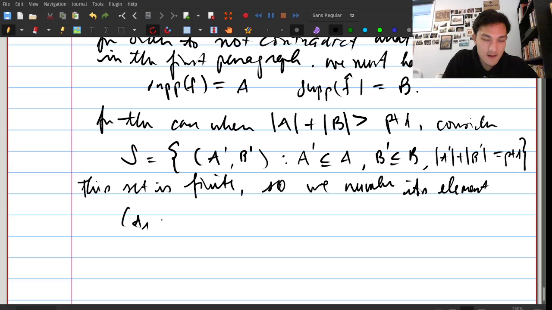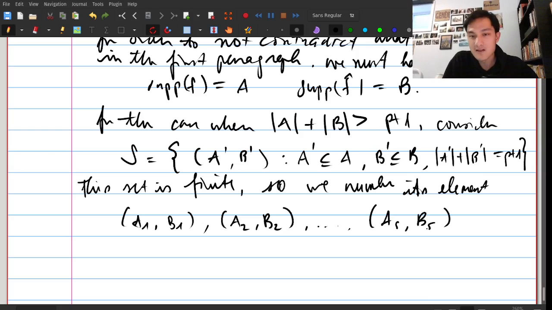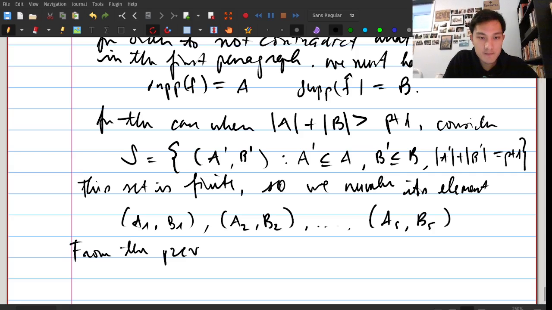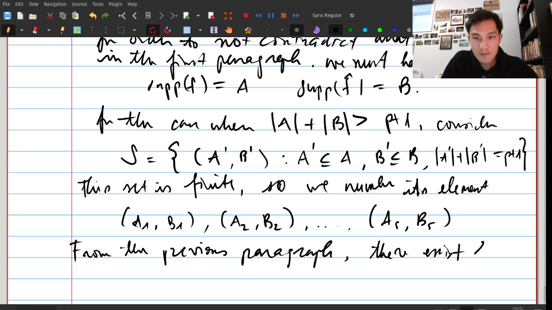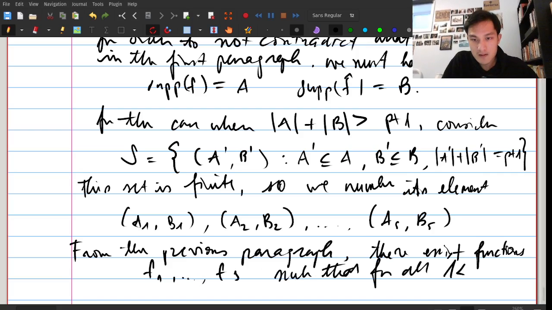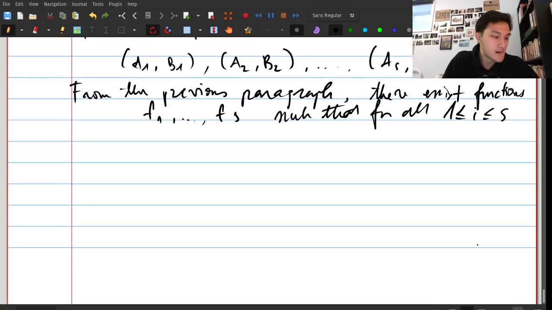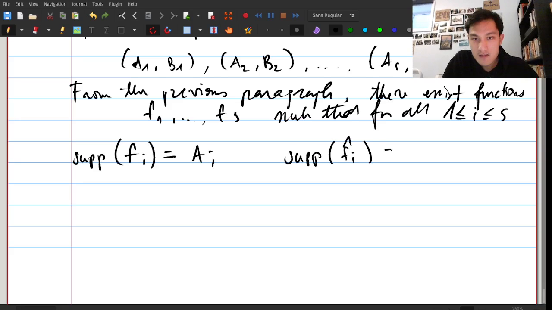We'll index them A1, B1, A2, B2, all the way down to A_s, B_s, where little s is the size of big S. Okay, so from the previous paragraph, there exist functions f1 all the way down to f_s such that for all i between 1 and s, the support of f_i is equal to A_i, and the support of f_i hat is equal to B_i.